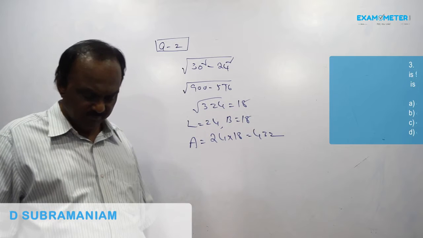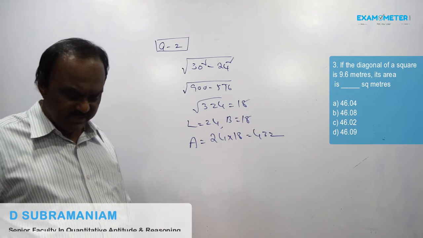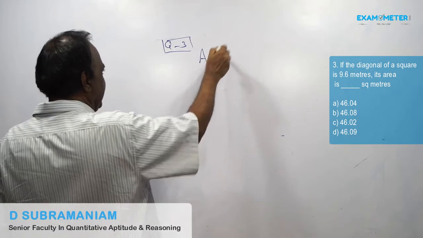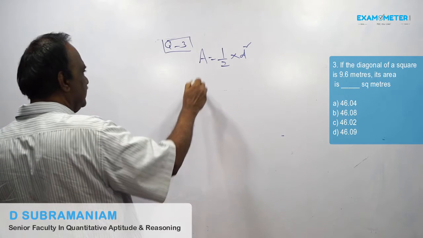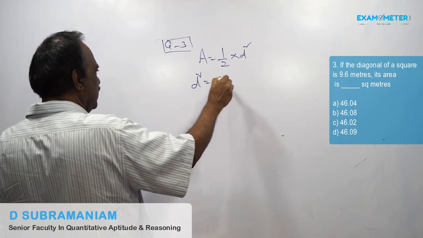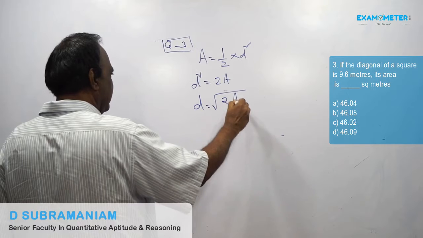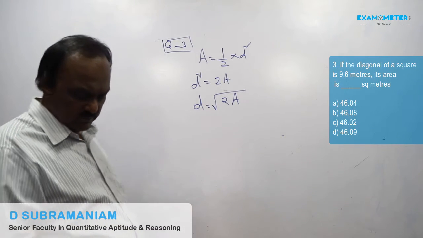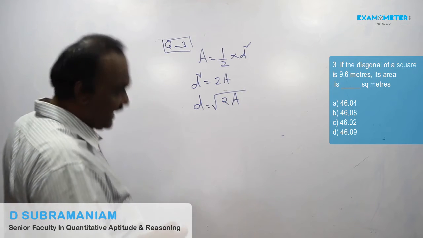Question number 3. If the diagonal of a square is 9.6 meters, its area is how many square meters? Area is equal to half into d square. Here the diagonal is given.